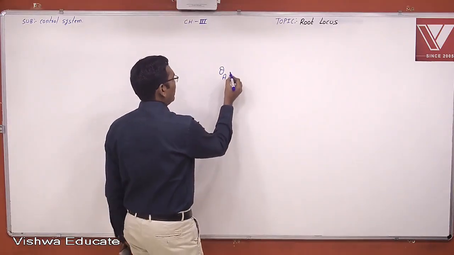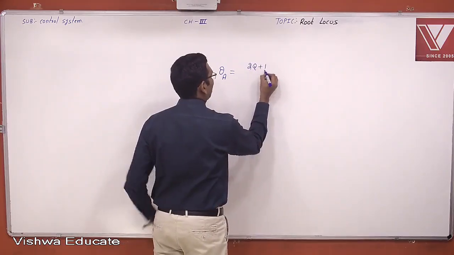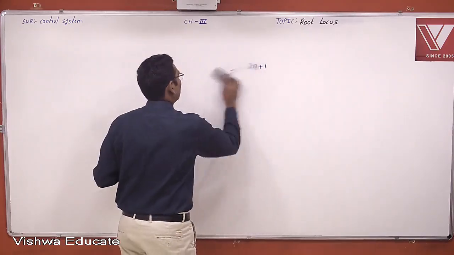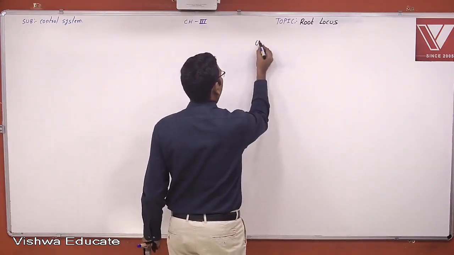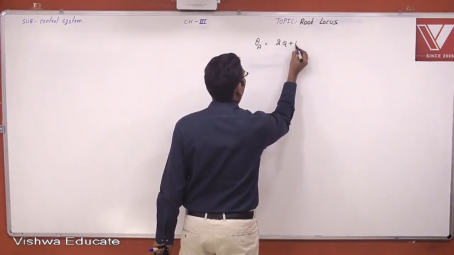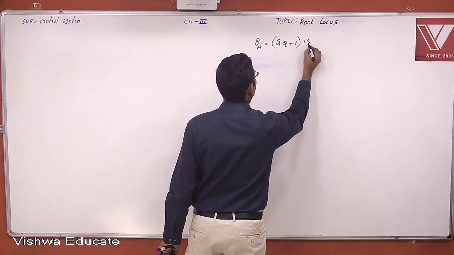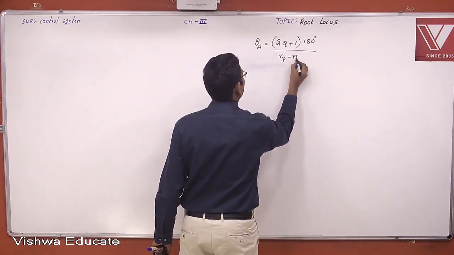Now what is the angle of asymptote? The angle of asymptote formula is theta A equal to (2q plus 1) into 180 degrees by np minus nz.